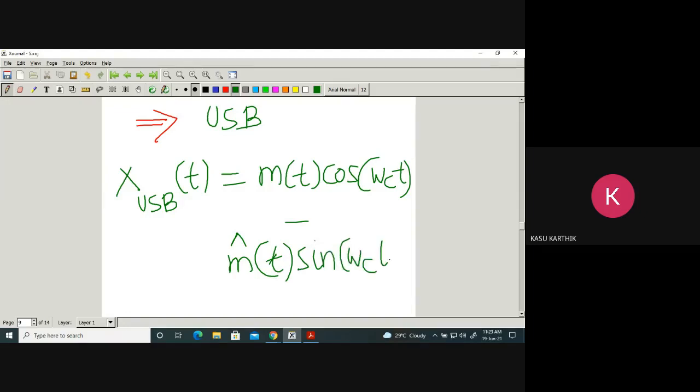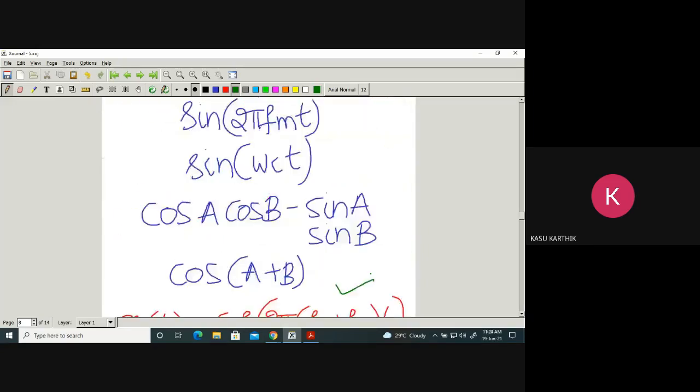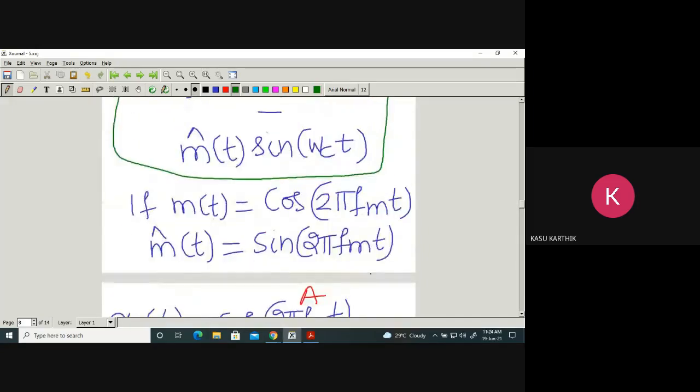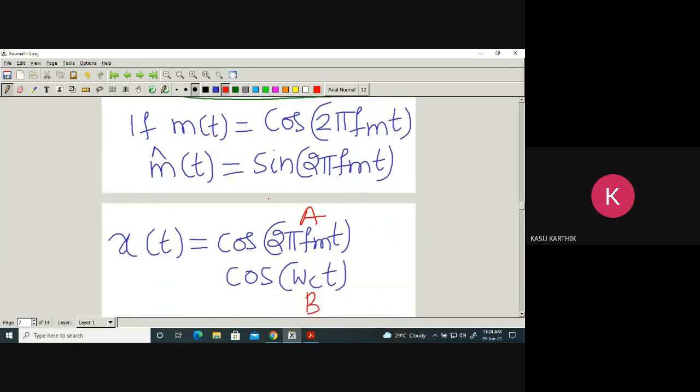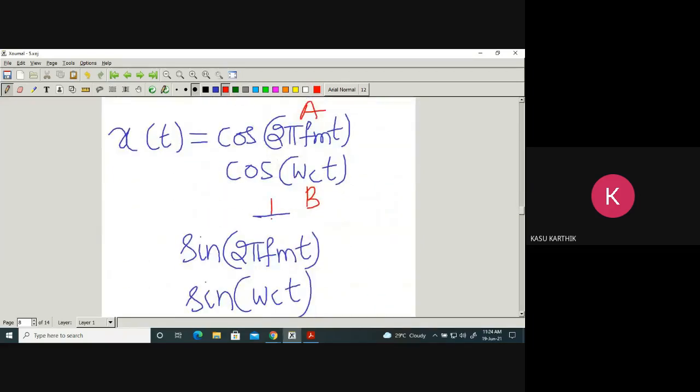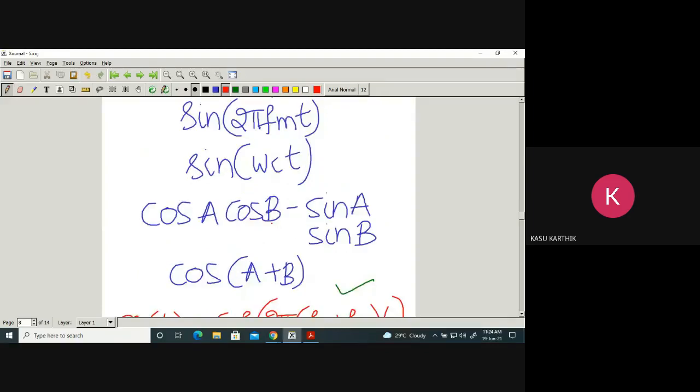So this is the time domain equation of SSB by transmitting the upper sideband. Suppose in the same equation, if I reverse the sign, if I keep plus, what happens?